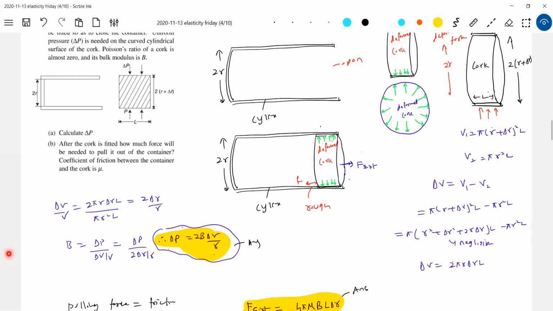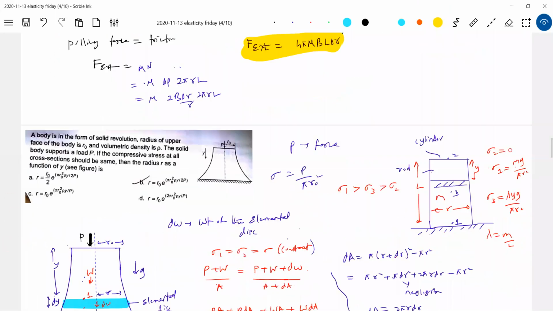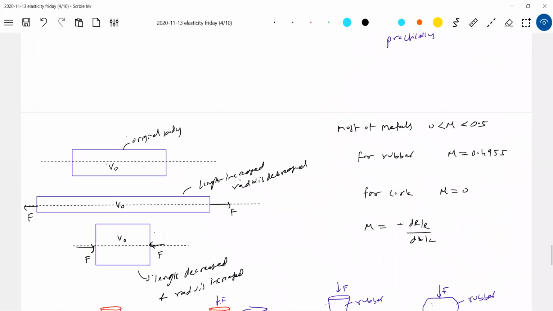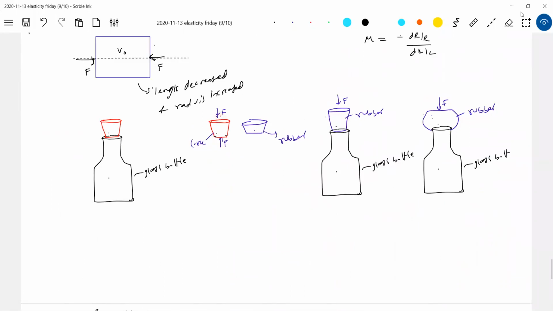So what we do is, slightly the radius of the cork will be greater than that of the bottle. I'll apply some force. If I apply force, the radius will decrease. Then I'll push it into this. The moment it gets into this one, I'll start pressing it.